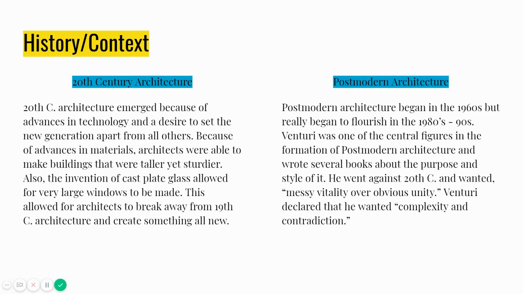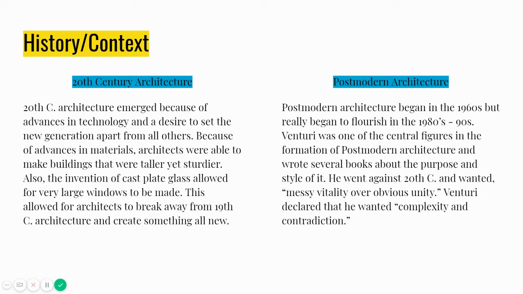And then when you have this massive output of materials, not only does the innovation of construction grow, but your style has to grow with it. It has to match what these capabilities and possibilities are, okay? Postmodern architecture began in the 60s, but like I said, really flourished in the 80s and the 90s. And architect Venturi was one of the central figures who formed this postmodern movement.